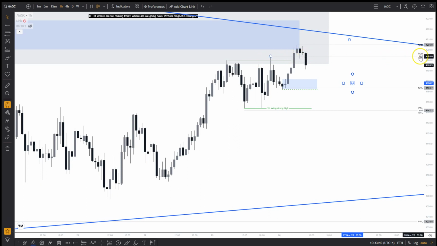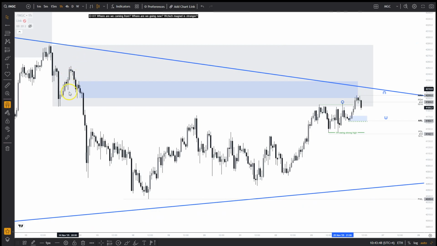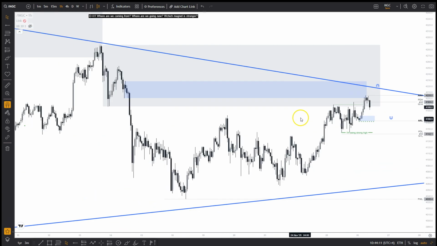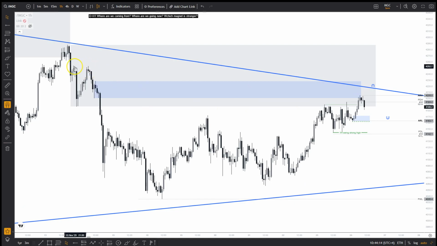It was here. So we took a liquidity with a strong push. We mitigated this supply, and now we see a strong reaction from this level. We haven't started. This is for bulls. It's only this motivator, which is actually the higher time frame liquidity. But on the lower time frame, there is no motivation really.